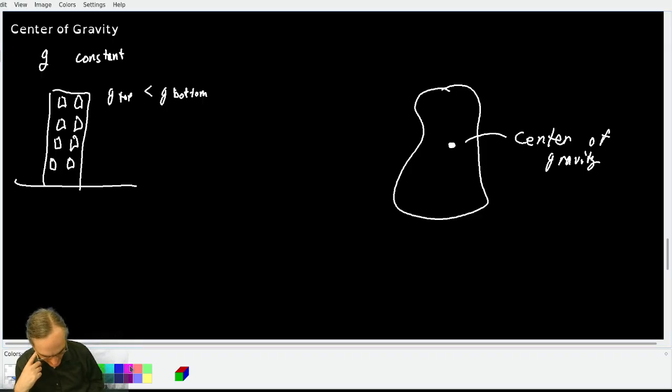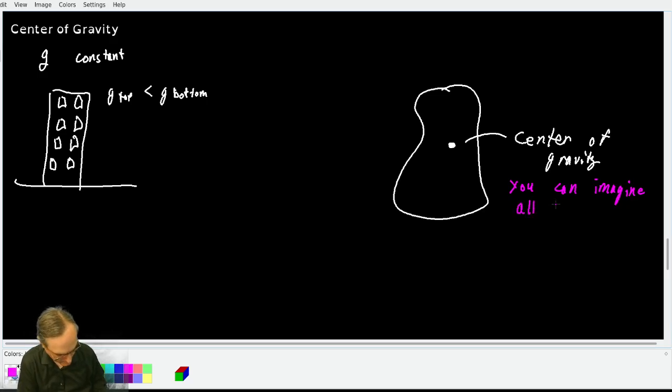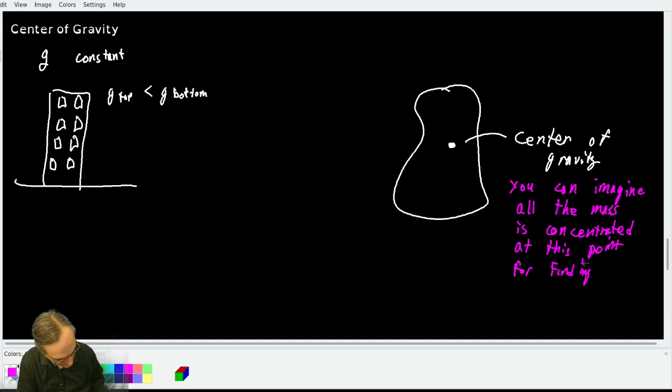And you can imagine that all the mass is concentrated at this point for finding the net torque due to gravitation.